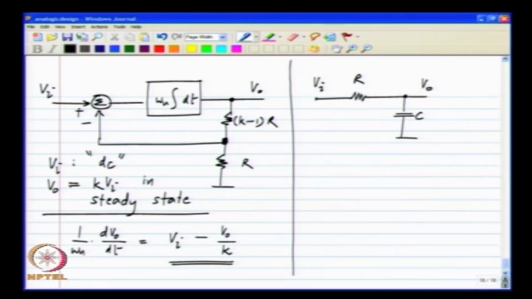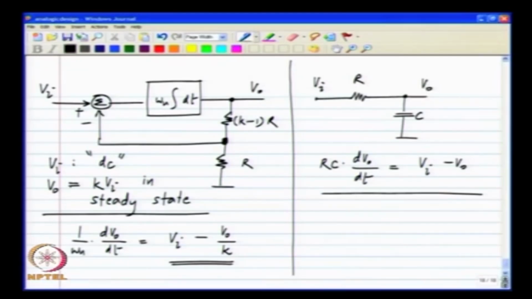And the differential equation governing this system is as you can see, the differential equations describing the amplifier that we designed and the differential equation describing the RC filter are the same, except for the constant k which appears in the amplifier.